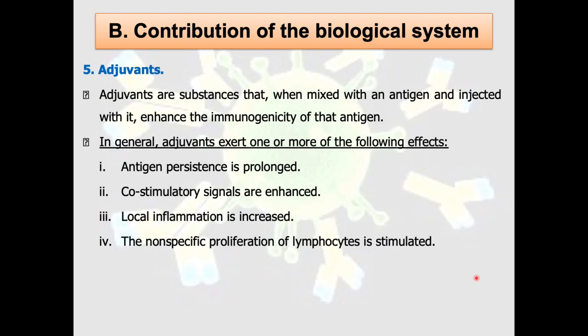The purpose of injecting a weakened immunogen is that we don't want a very large effect. We just want the antibody, B cell, or T cell to recognize it, so that it can produce a memory B cell and a specific antibody towards the immunogen. Sometimes the antigen, when coupled with adjuvant, can be prolonged. When it is prolonged, it gives more time for the B cell or memory B cell to develop.